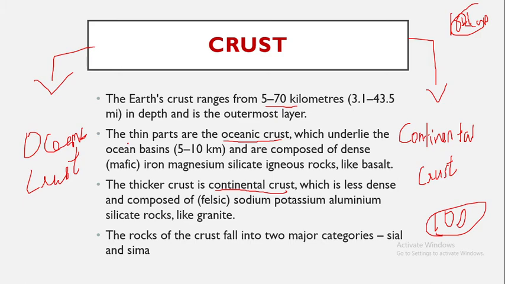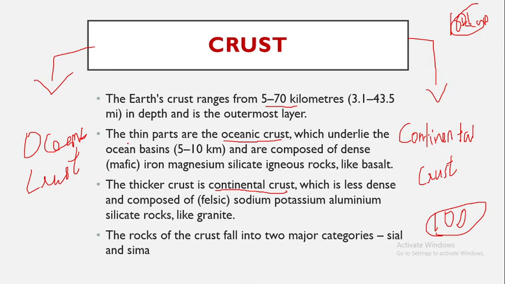Then we should know what the main rock type of this crustal region is. It is nothing but mafic minerals, that is igneous rock. We are able to see iron, magnesium, silicate igneous rocks are present. One example is given for you, like basalt. Basalt is an example of a rock seen in the oceanic crust region.